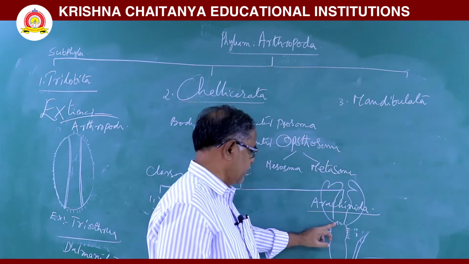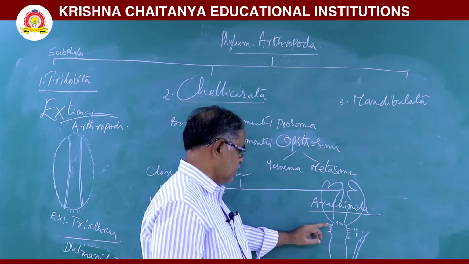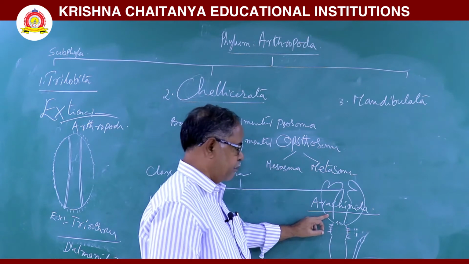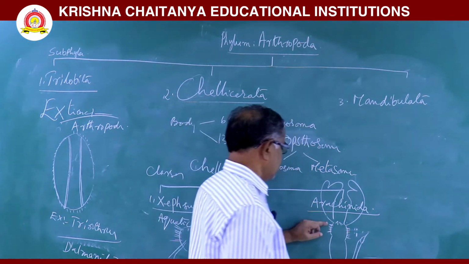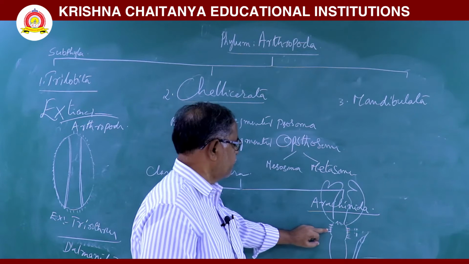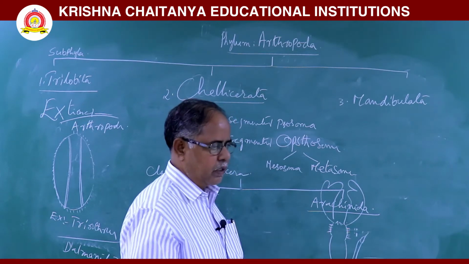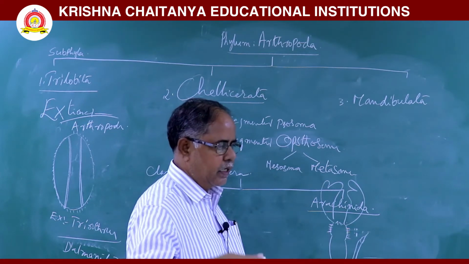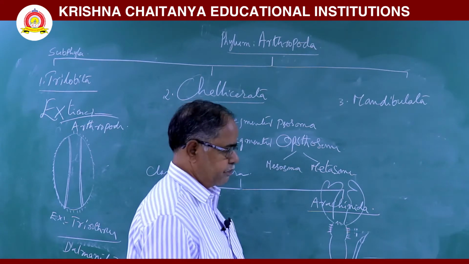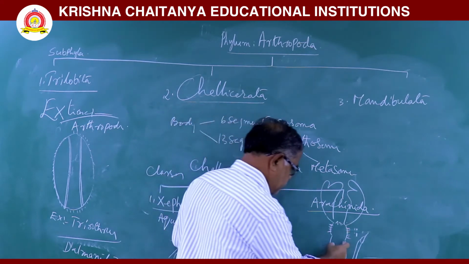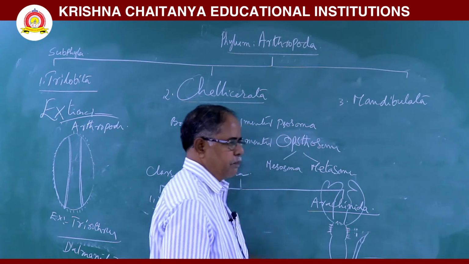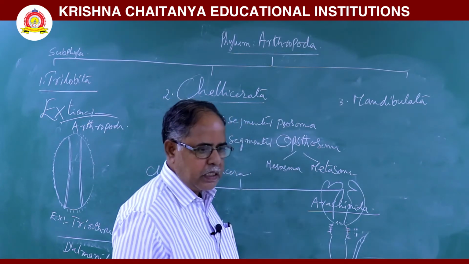The first pair is modified as chelicerae. The second pair is modified as pedipalps. Next, third, fourth, fifth, and sixth are modified as walking legs. Then in the mesosoma, the appendages are modified as book lungs.